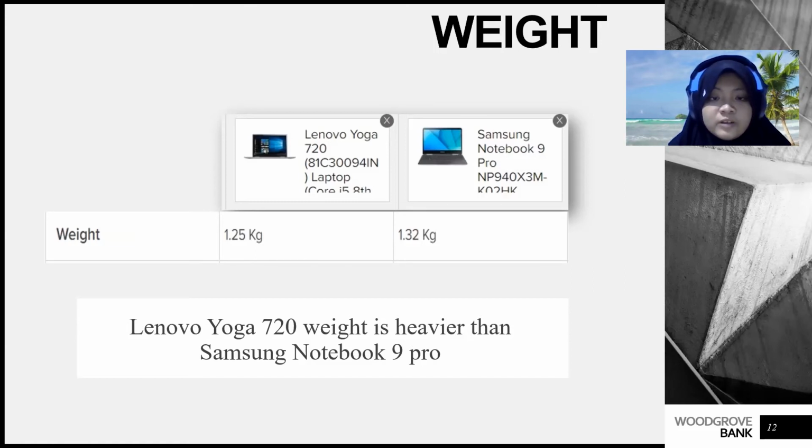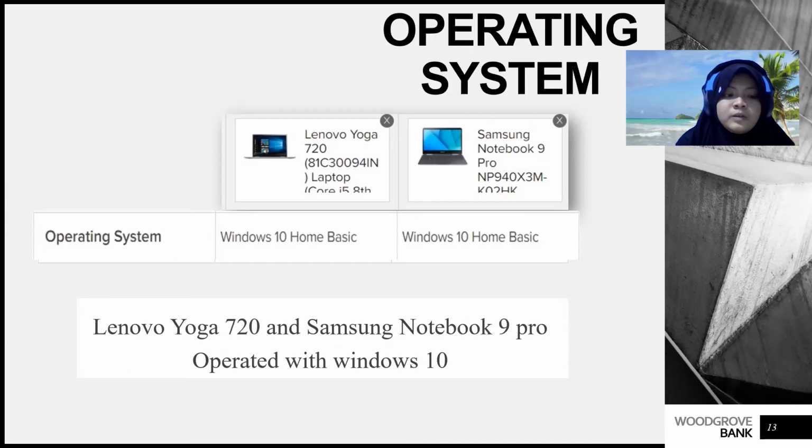Okay. Next, I will explain about the weight. Lenovo Yoga 720 has a weight of about 1.25 kilos, and Samsung Notebook 9 Pro has a weight of about 1.32 kilos. So we can say that Lenovo Yoga 720 is lighter than Samsung Notebook 9 Pro. Okay, next I will explain about the operating system.